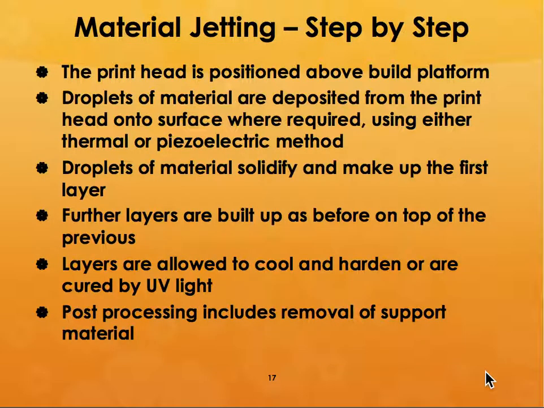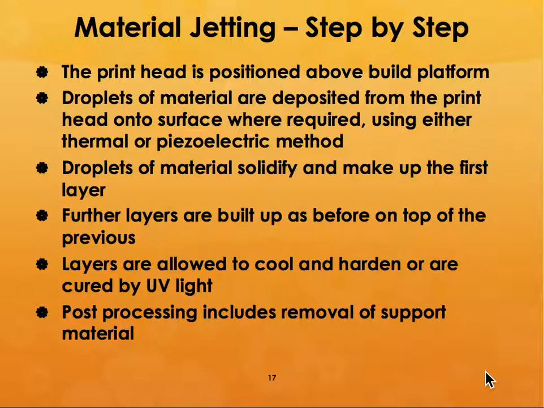And what are the different steps? The print head is positioned above the build platform and the droplets are deposited. Then it builds the first layer, then it goes down, and you build further layers on top of the previous layers.